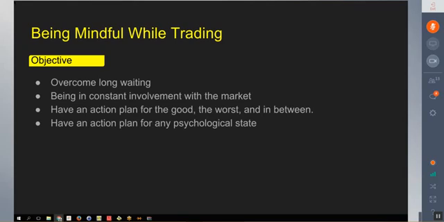Okay, so the thing is how we keep, while we're waiting, and sometimes it's a very long time waiting, how we keep being mindful and in the zone, concentrated and focused until price does us a favor and goes there and we start doing our work.